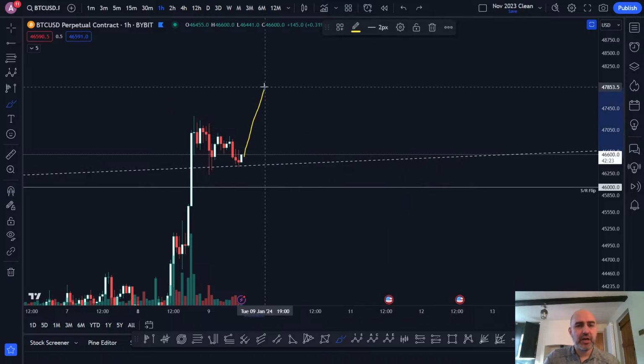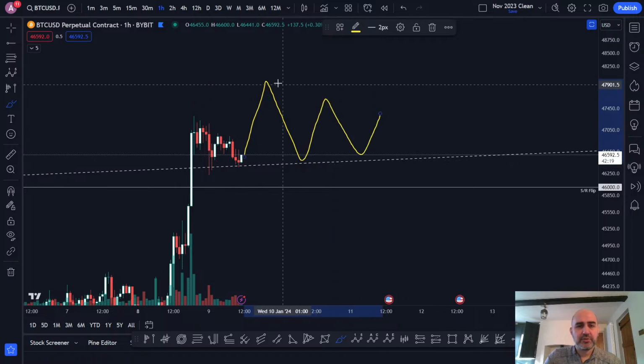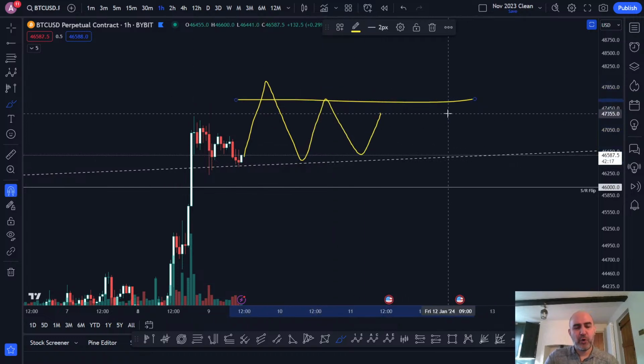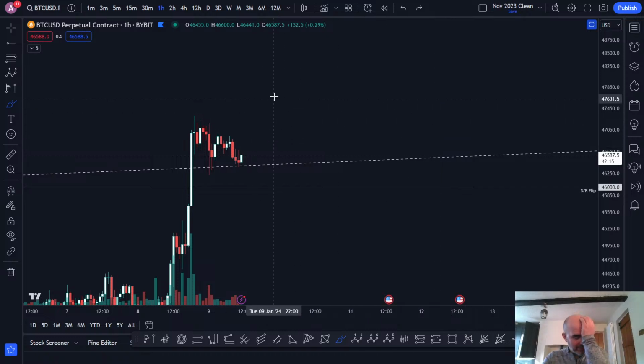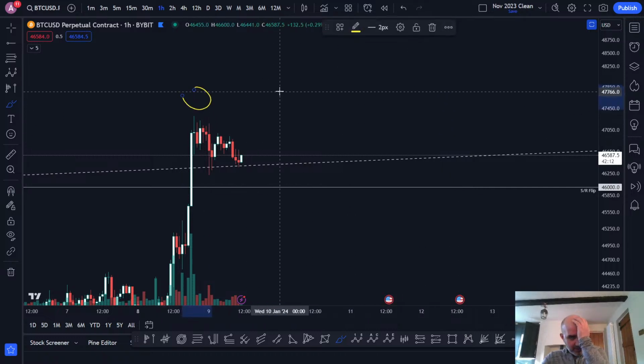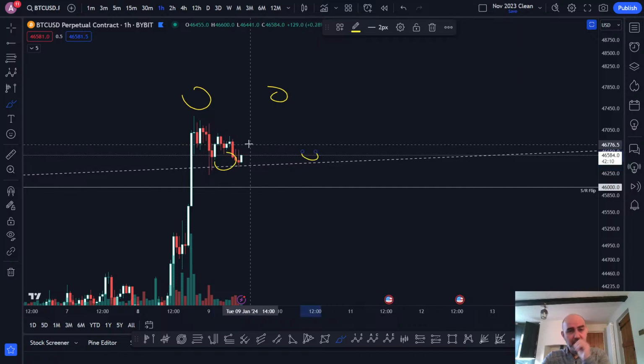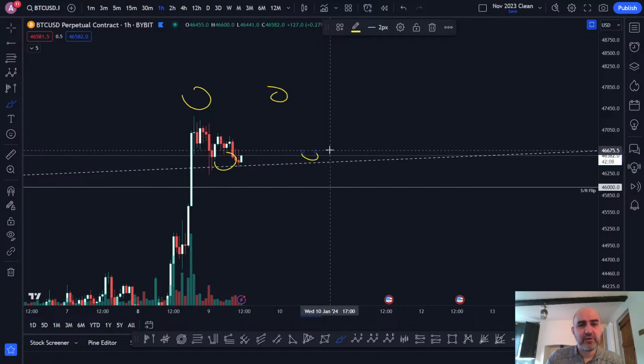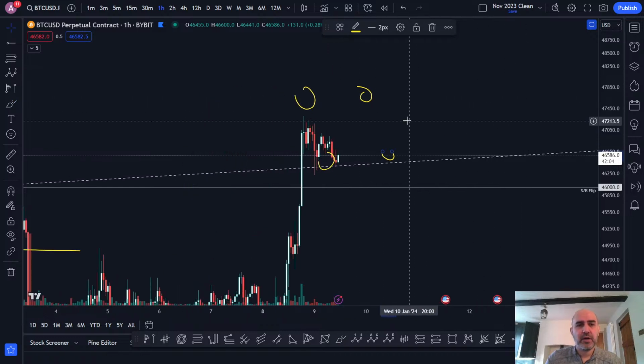And that could push up to form a much wider range, but I would like to see that form. And then once we have two pivot points at the top, two at the bottom, then you can do a volume pull and then just trade that range. I think on Bitcoin that would be the trades for the next few days.